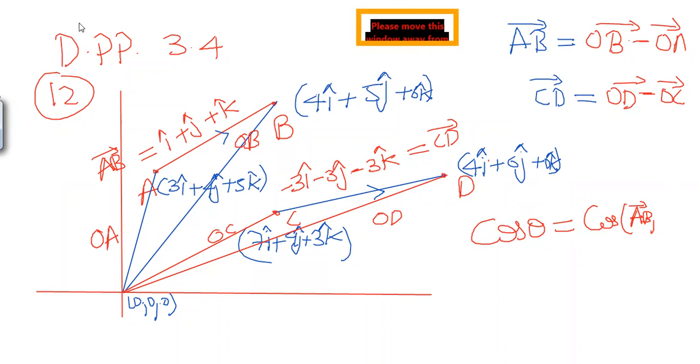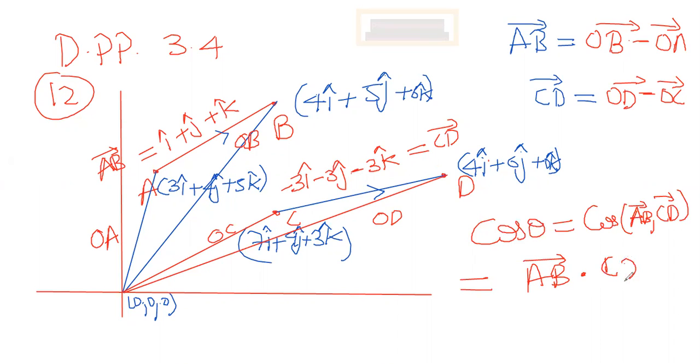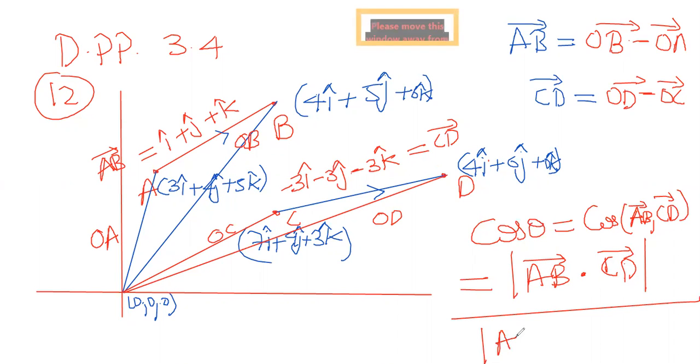So I am writing it as intermediate steps, the way intermediate books will write, each and every step. So that will be AB bar dot product with CD bar, with a modulus, divided by mod AB mod CD. This is what we have to do now. Then we will get the cos theta.